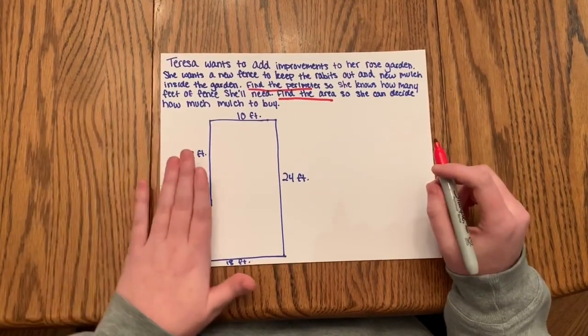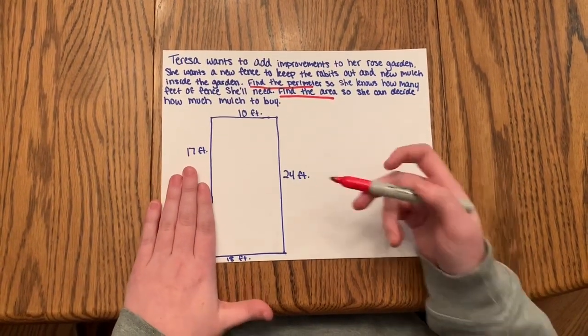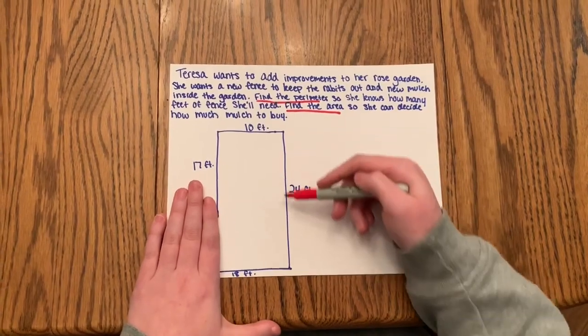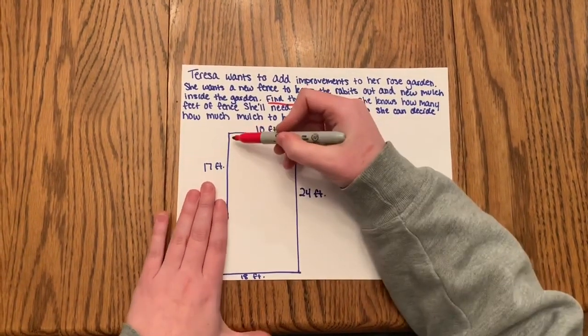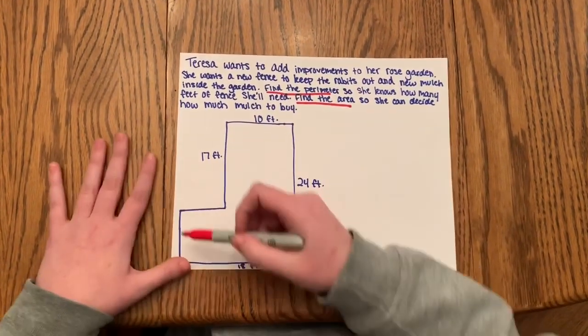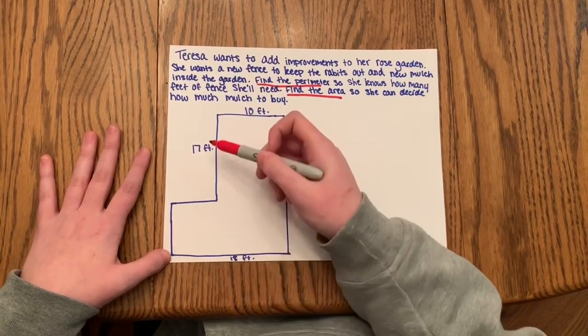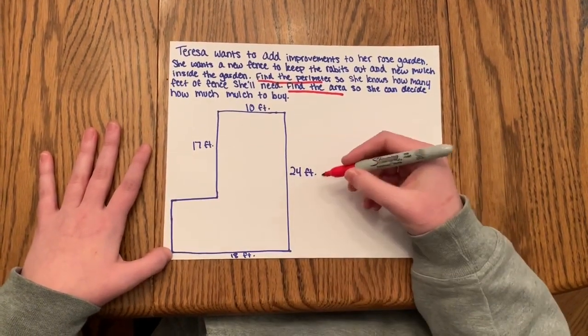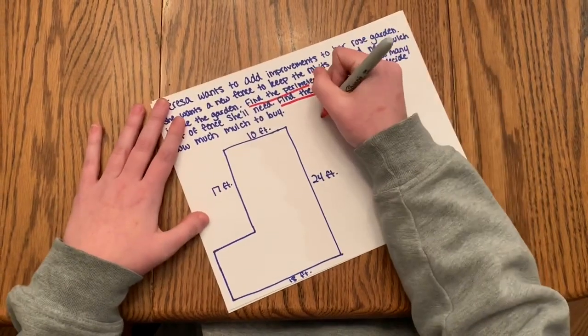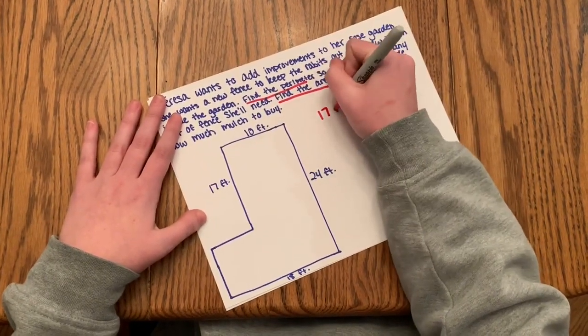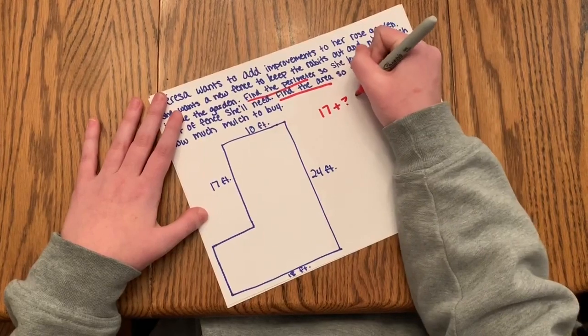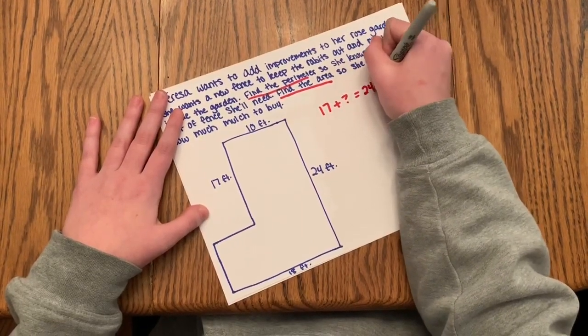So let's start here. We know that this side is 24 feet, which would be equal to this side, but we are missing this length right here. So we would know that this length plus this length equals 24 feet. So we have 17 plus our unknown number equals 24 feet.